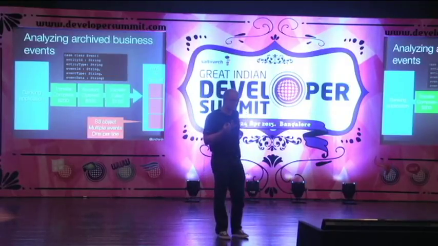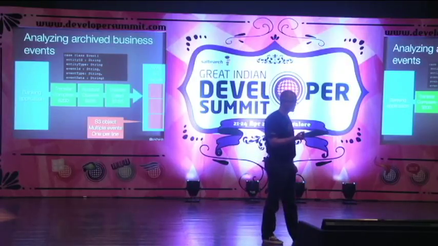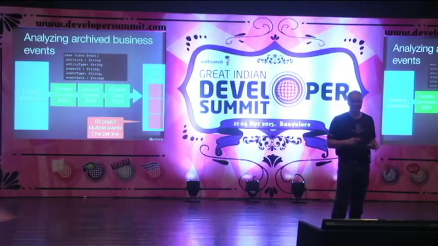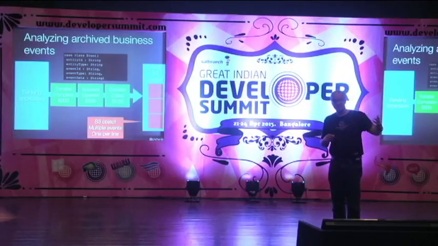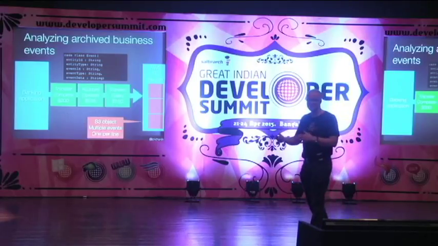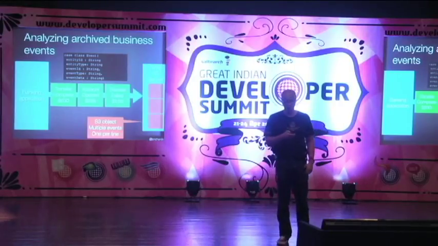Each file in the bucket contains multiple events, say in JSON format, one event per line. The event data is like: this account was opened, this transfer for $200 succeeded, this transfer failed, etc. So you've got all these business events archived away in S3.